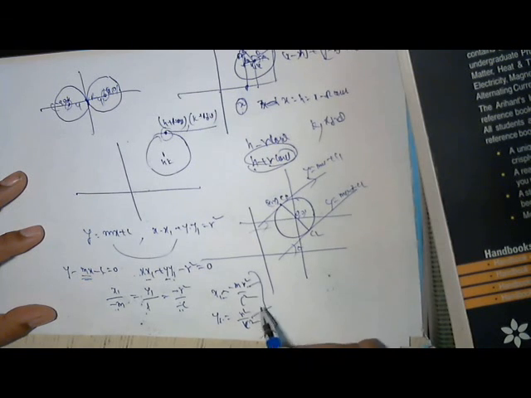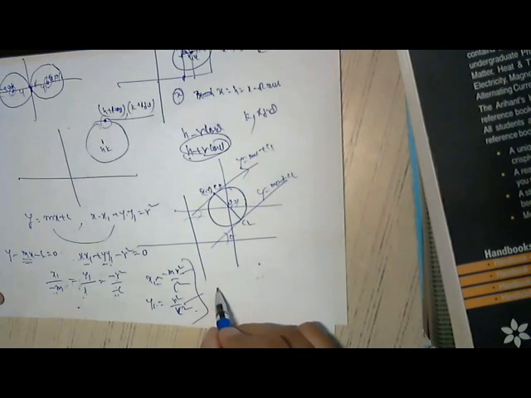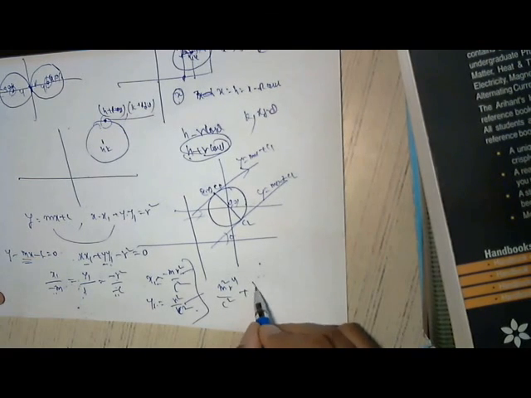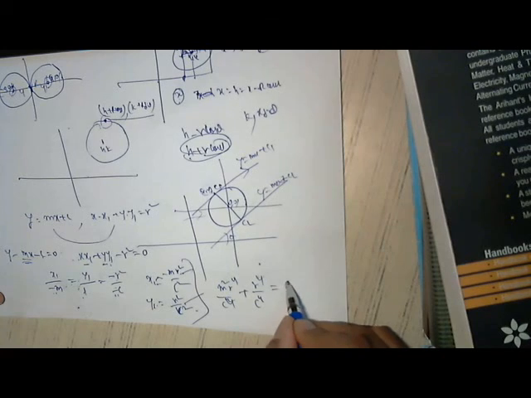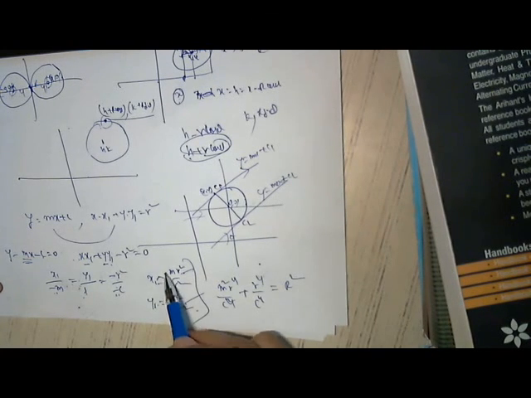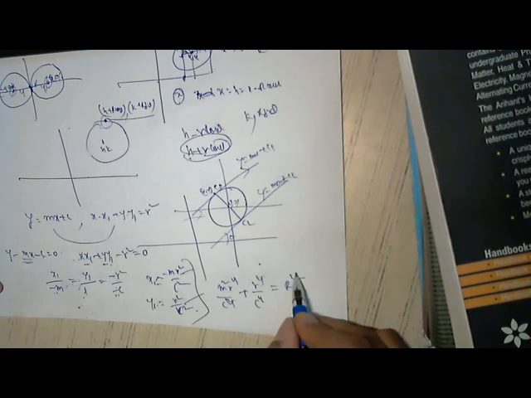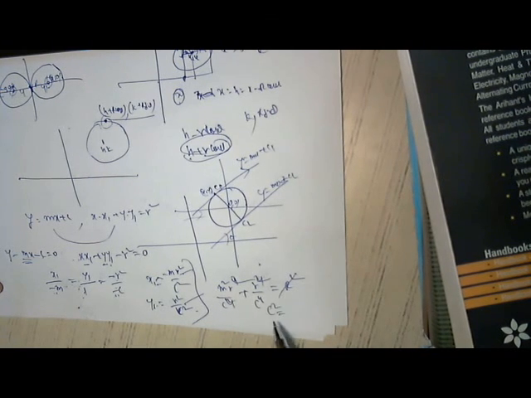When this square plus this square is equal to r square, what am I getting? m square r to the power of 4 by c square plus r to the power of 4 by c square is equal to r square. So here r square gets cancelled, and I am getting c square is equal to r square into 1 plus m square.